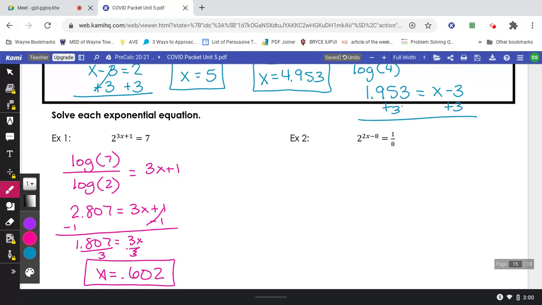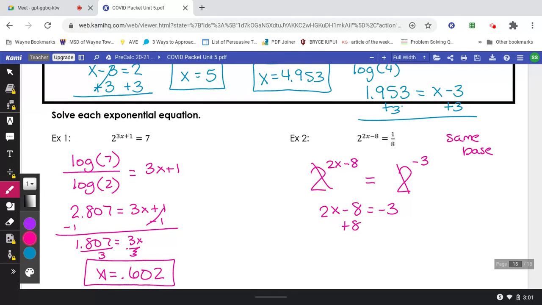All right, example number 2, we're going to get these to be the same base. So I'm going to make this 2, and I'm going to make the 1/8 into a 2 to the negative 3. Remember, negative exponents create fractions. And I'll bring down my 2x minus 8 right here. And then you can get those 2's to cancel, giving you 2x minus 8 equals negative 3.